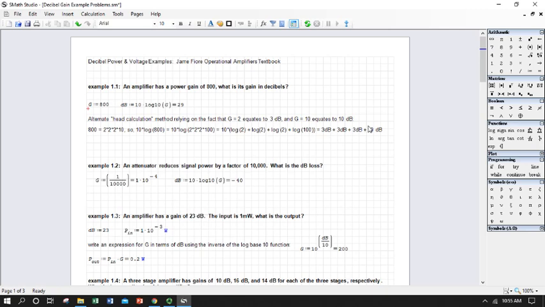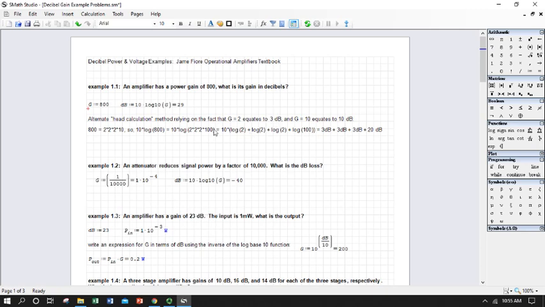So if you didn't have your calculator with you, you could convert that 800 to 29 just using your rules of exponents and a couple of handy conversions, that doubling and halving are plus 3 dB and minus 3 dB.